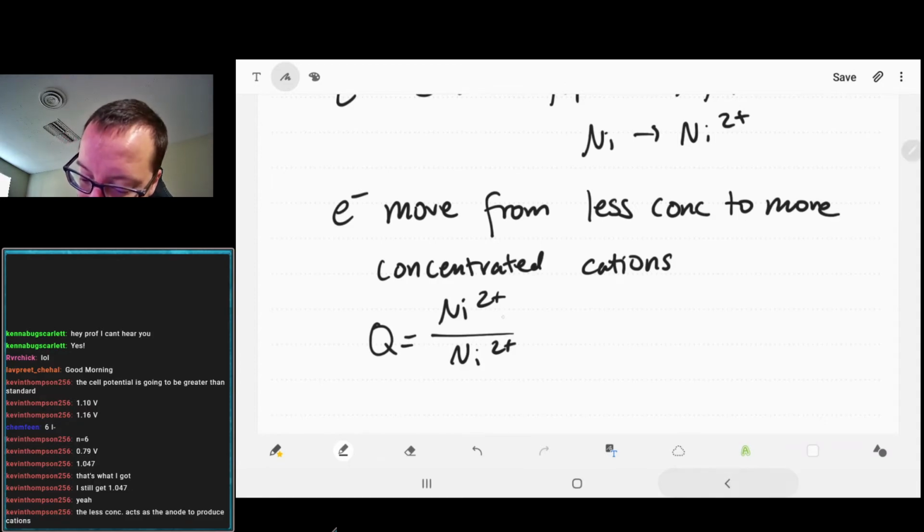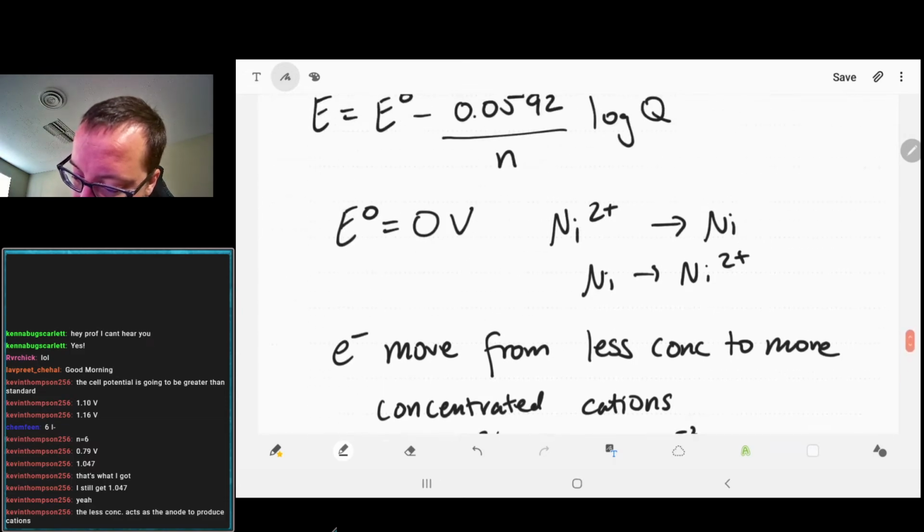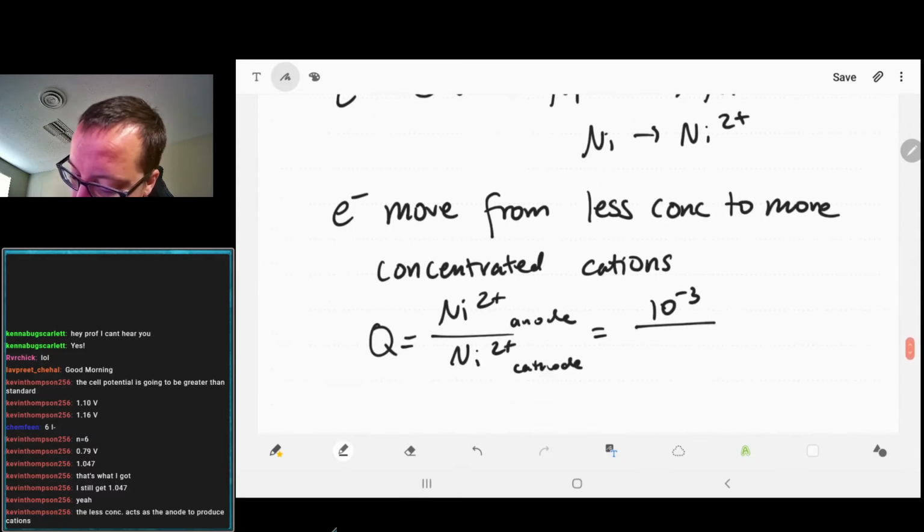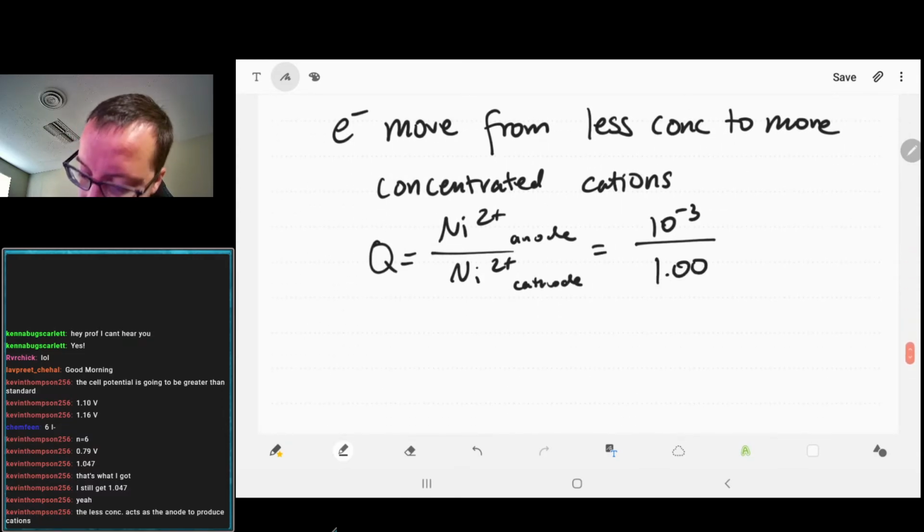We're going to have our anode on the top, our cathode on the bottom, as always. This is going to be the less concentrated on the top. What was the other one? 1. For the cathode here.